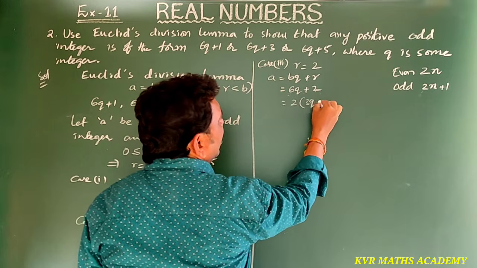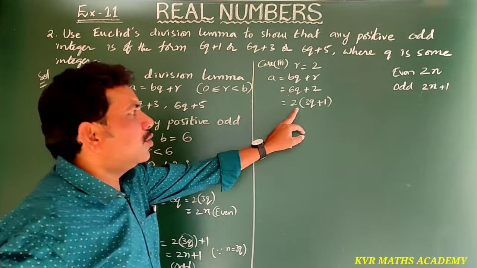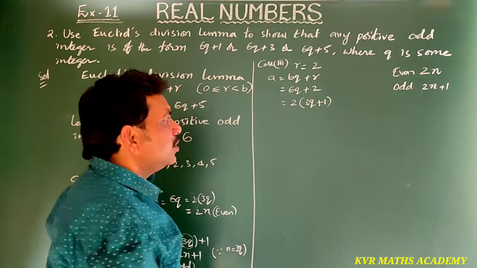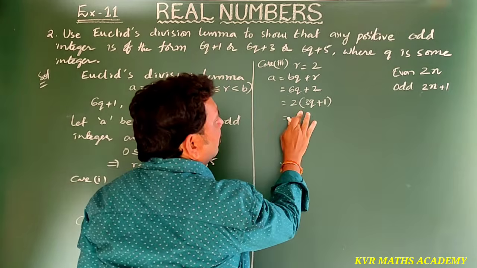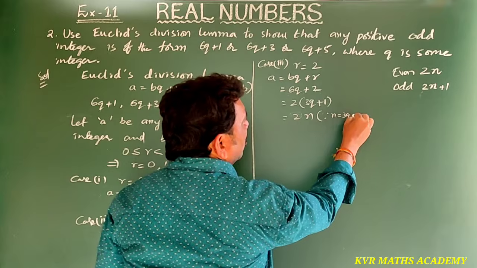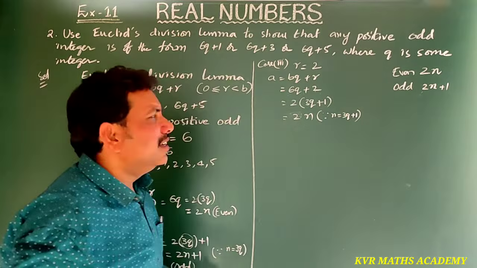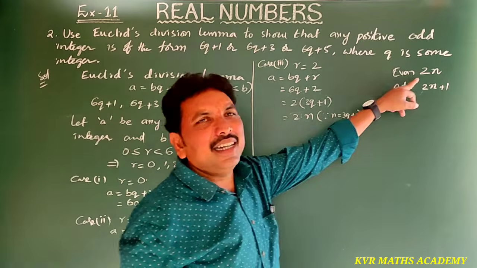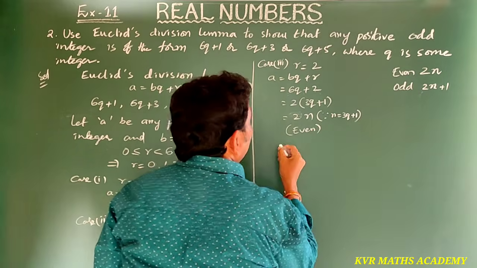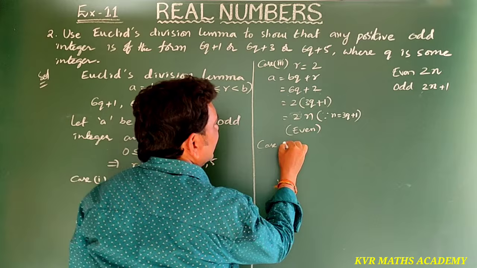This is 2 into 3q plus 1. So now again it is in the form of 2n, since n is equal to 3q plus 1. So 2n means it is even. Next, case 4.